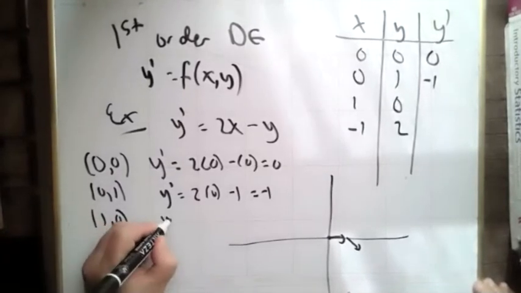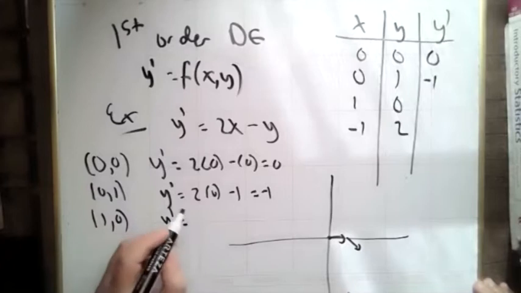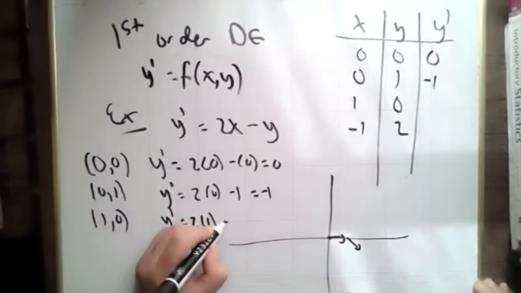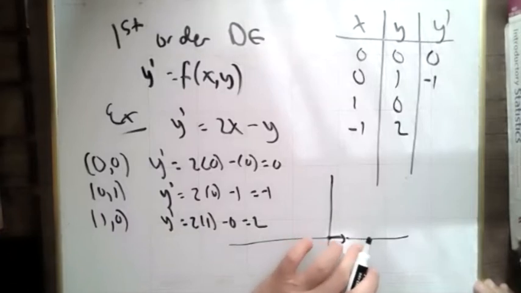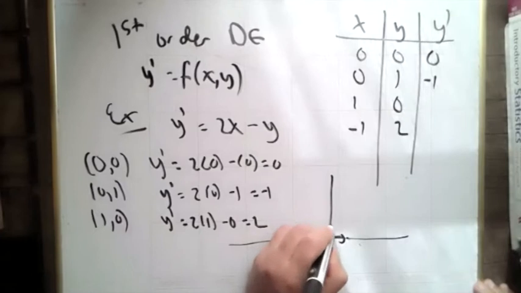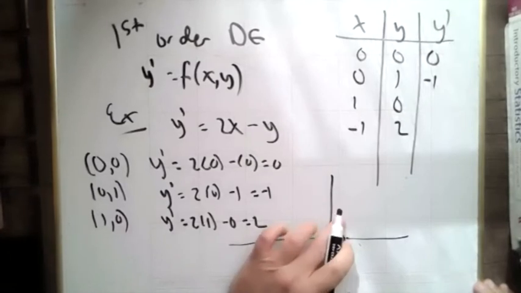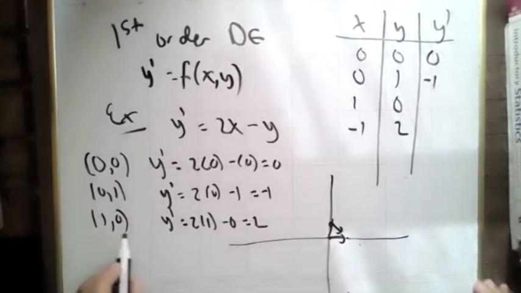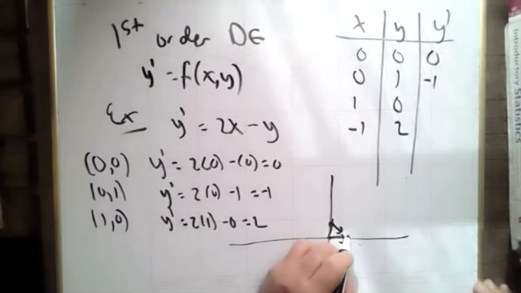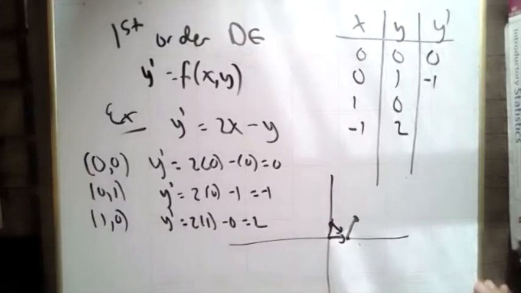1, 0. So 2 times 1 minus 0 will be 2. Oh, I plotted that in the wrong spot, didn't I? 0, 1 would be here. Sorry. 1, 0 has a slope of 2. So I'm just kind of estimating that.